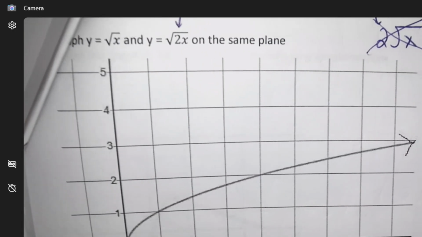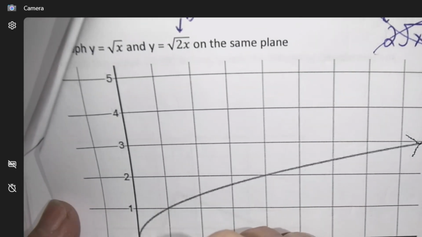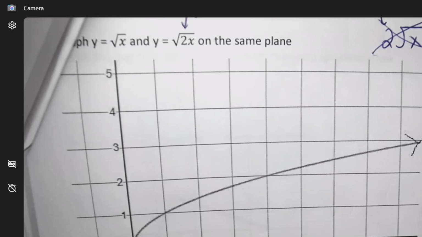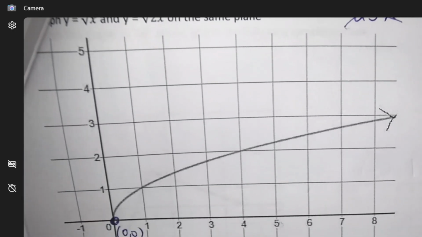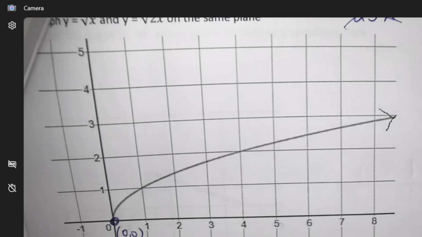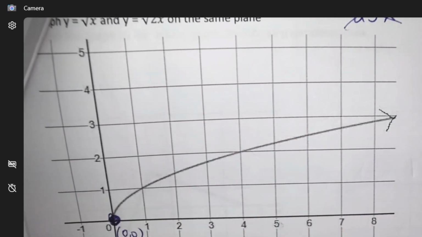Okay, so I didn't give you coordinates, but guess what? You can just figure out coordinates. So we want to take a 0, 0, for instance. What does the new coordinate become? What's 0 divided by 2? Still 0.